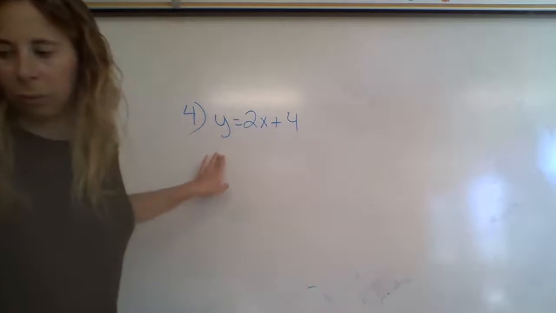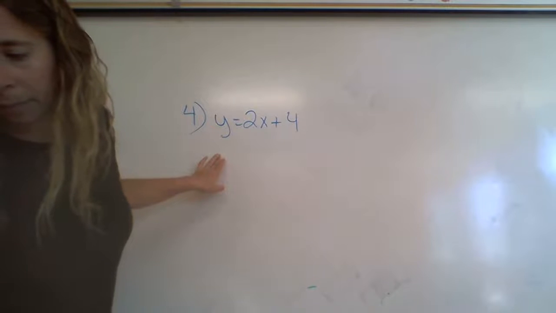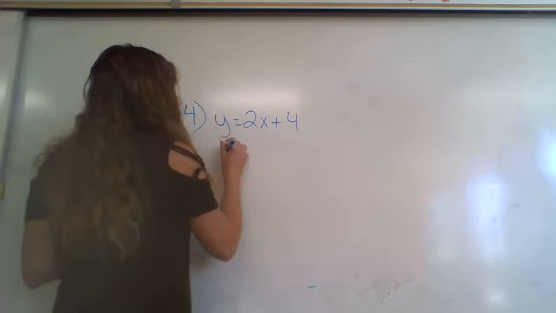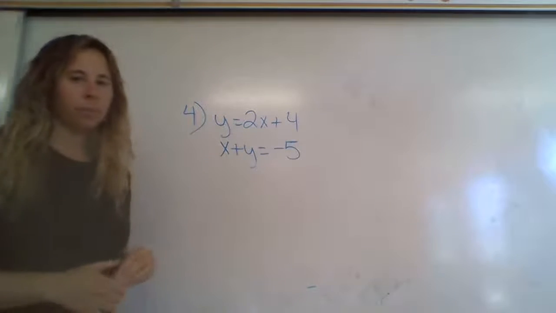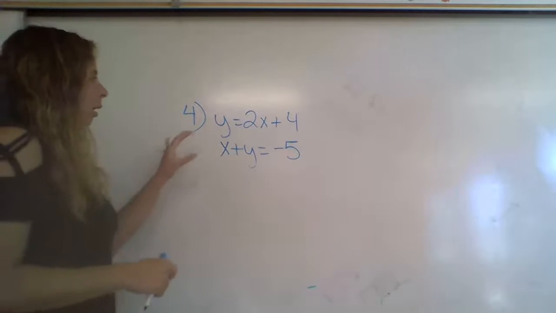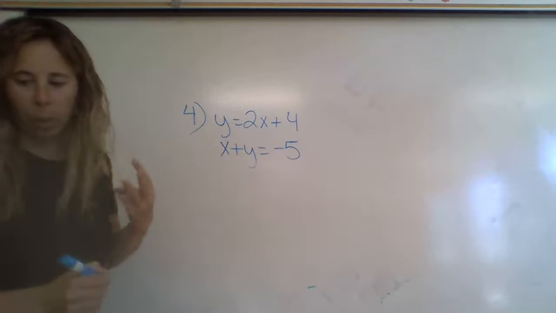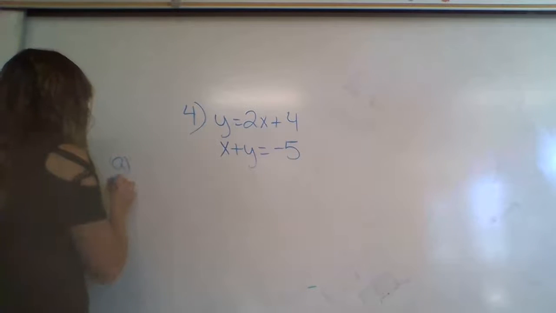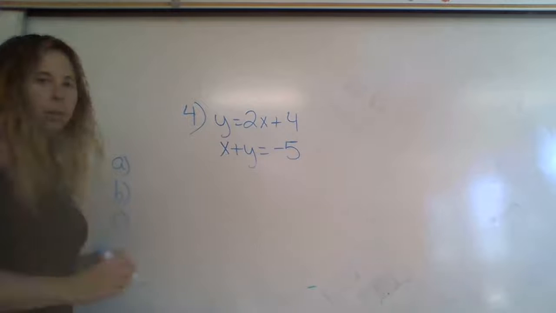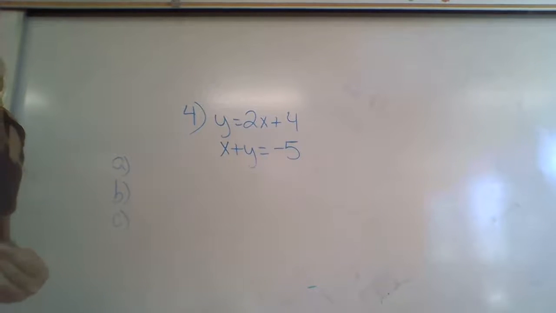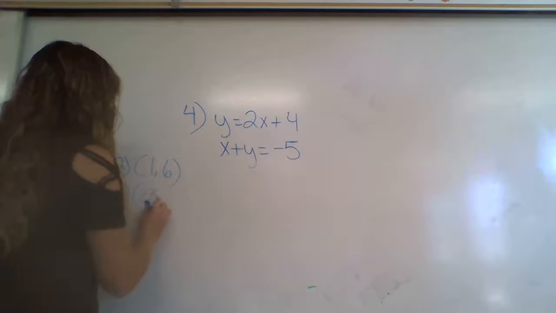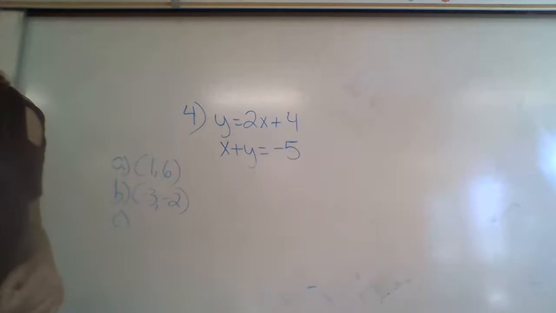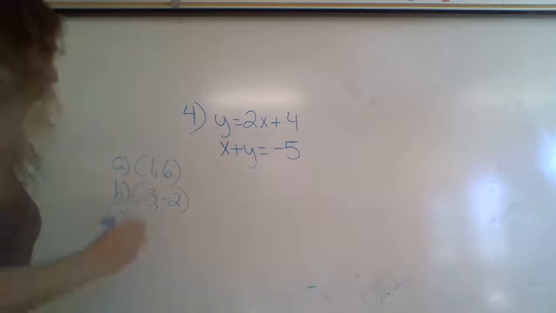You have y equals 2x plus 4, and you have x plus y equals -5. This is given to you, and then they give you 3 points: 1, 6; -3, -2; and -3, 2.